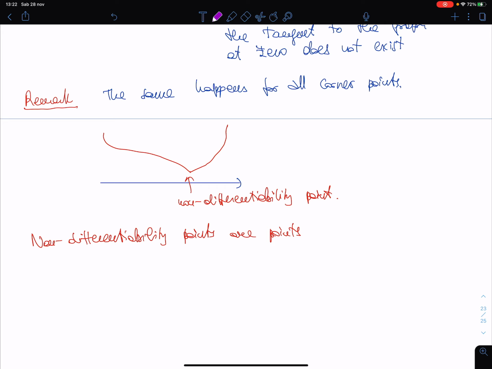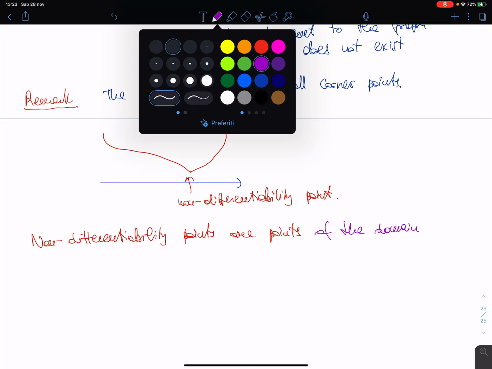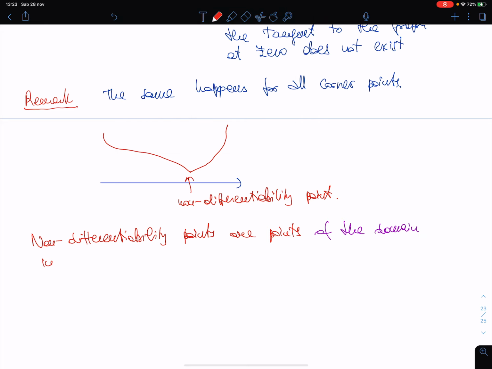This is a mistake. Okay? Points of the domain in which there is no derivative.